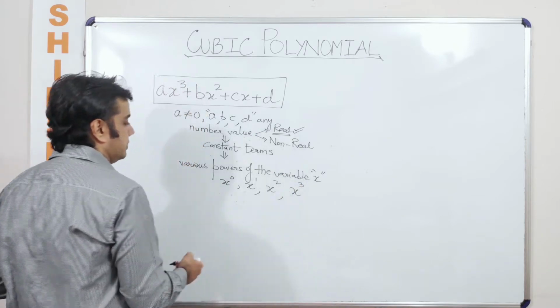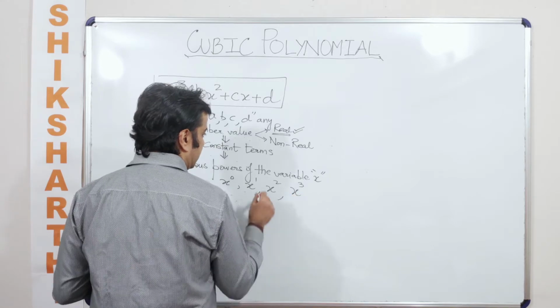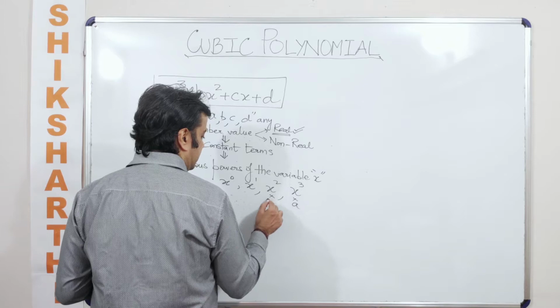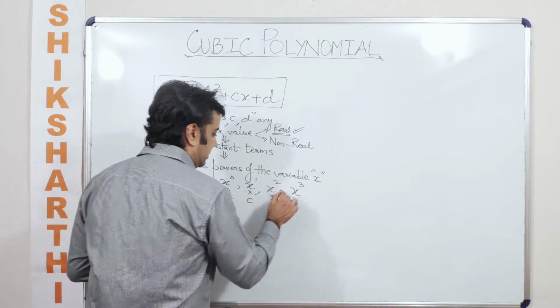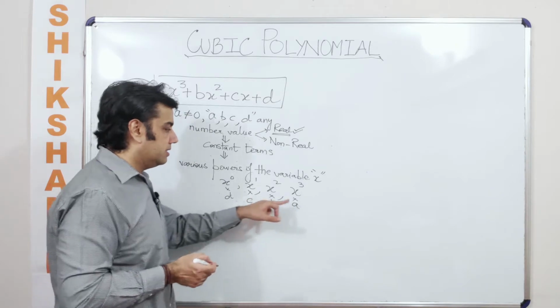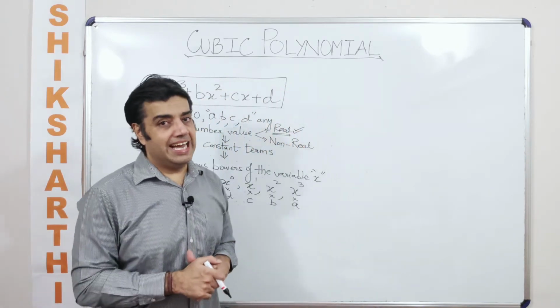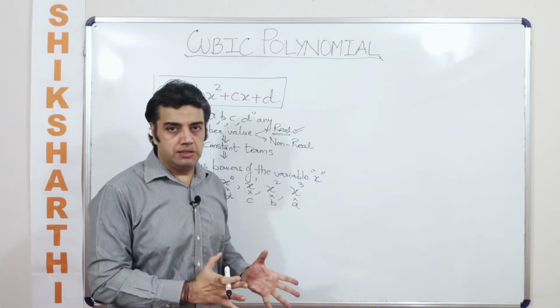And the coefficients which are associated with these powers are, let's say, a with this, b with this, c with this and d with this. And then we use a mathematical operator, here the operator that we are using is addition. We could have used subtraction as well.